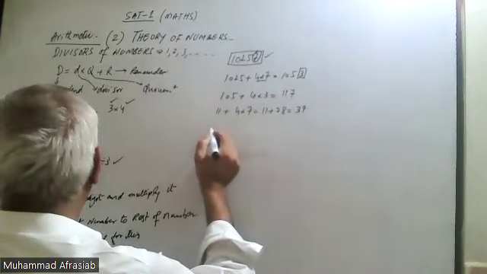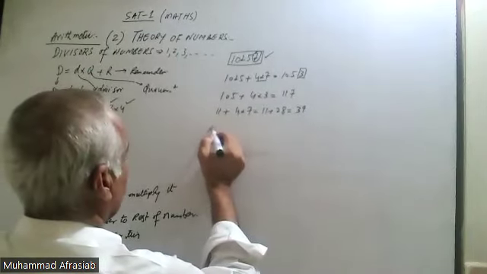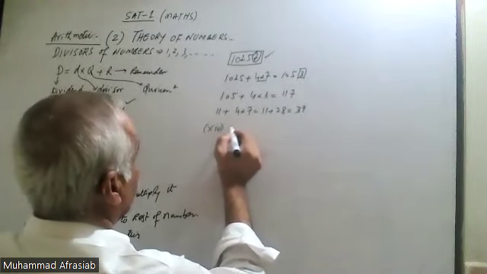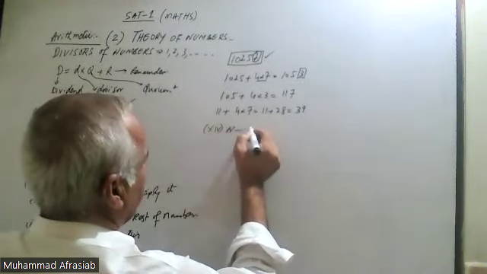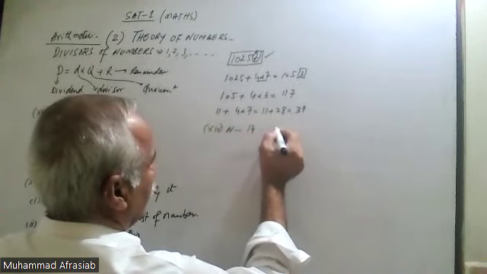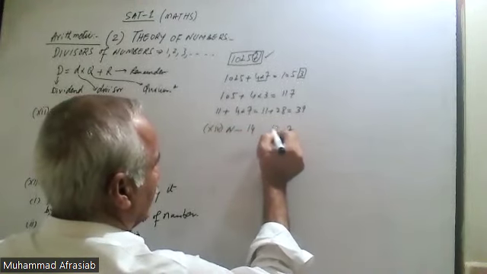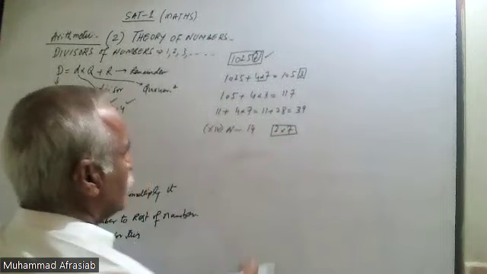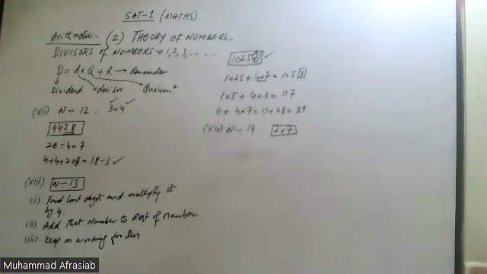Then number divisible by 14. Since 14 is a multiple of 2 and 7, the rule for 2 is valid and the rule for 7 is valid, then this number is divisible by 14.